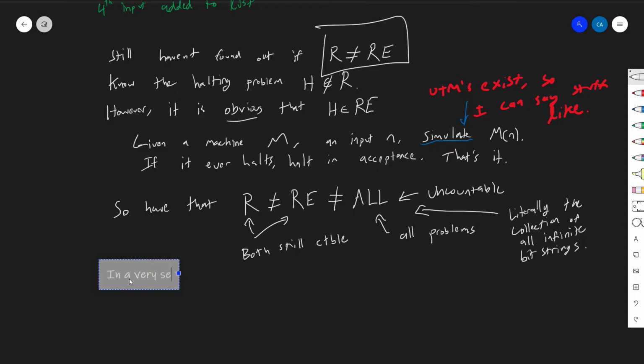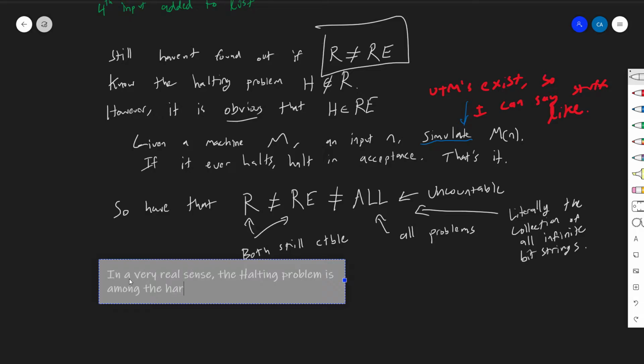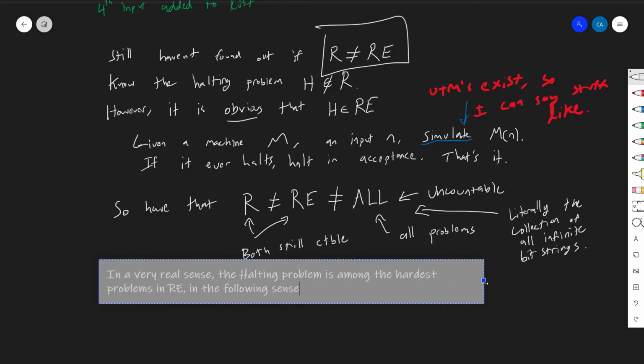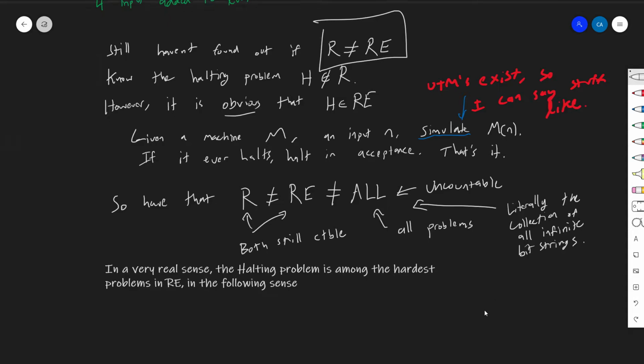In a very real sense, the halting problem is among the hardest problems in RE, in the following sense. So here's a fact that I think is worth noting about RE.